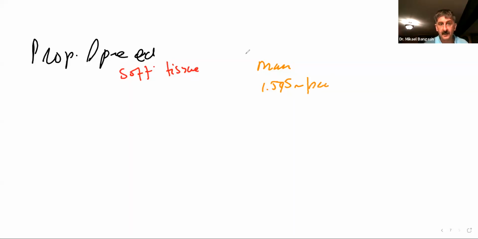Although it is not given in the question, just make sure that you know that the speed in soft tissue is 1,540 meters per second. How do we know that? Because it says that it is a soft tissue.